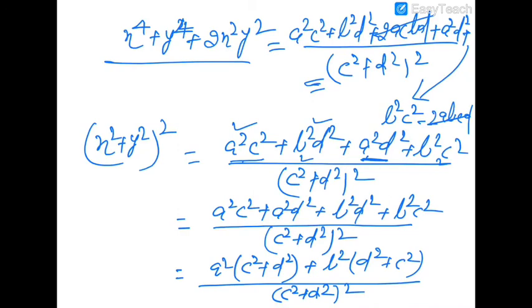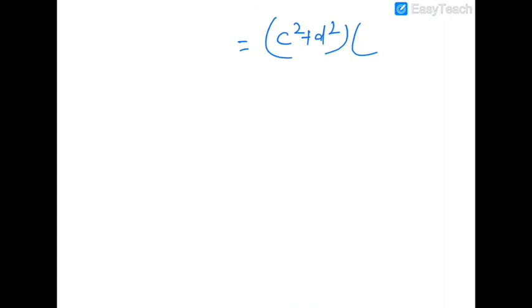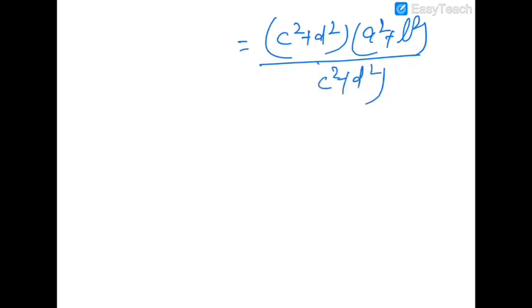So now out of these two terms, (C² + D²) is common. What is left is (A² + B²), upon (C² + D²)².